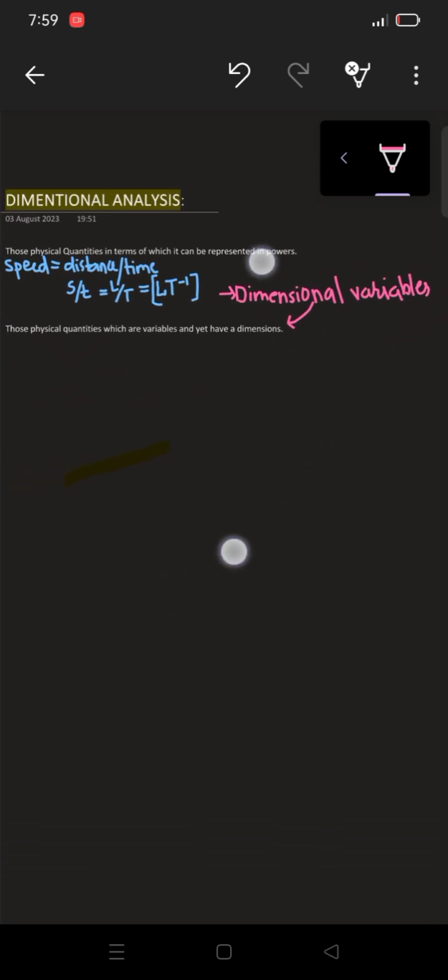Let's write that now. Dimensional variables: those physical quantities which are variables and yet they have dimensions.